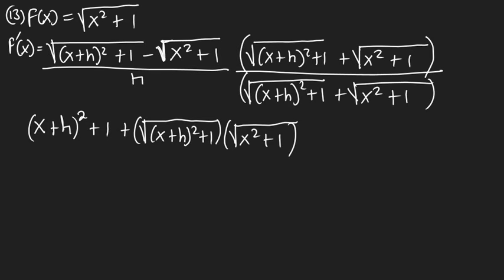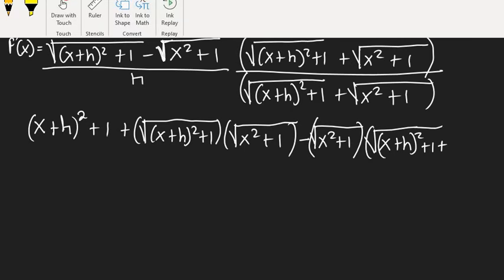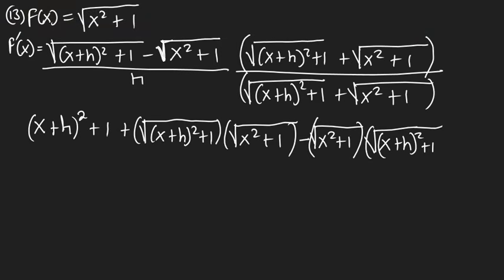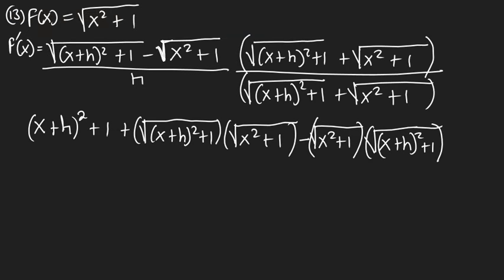Then this is going to be minus x to the power 2 plus 1, and then root of x plus h plus 1. And then you say plus. Sorry, by the way, it's going to be a minus. Quite long, but very easy.